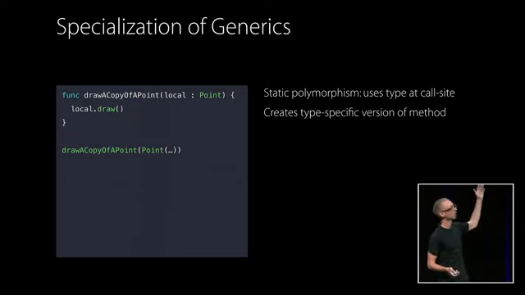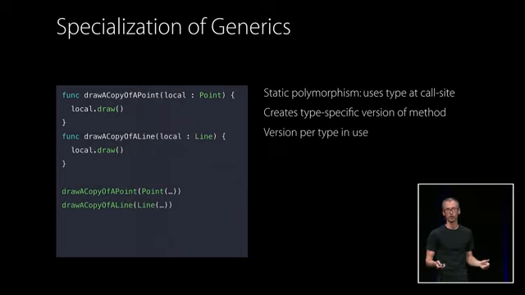So here we have a drawCopy of a point function now that takes a parameter that is of type point, and the code inside of that function is again specific to that type. And as Kyle showed us, this can be really fast code. Swift will create a version per type used at a call site in your program.